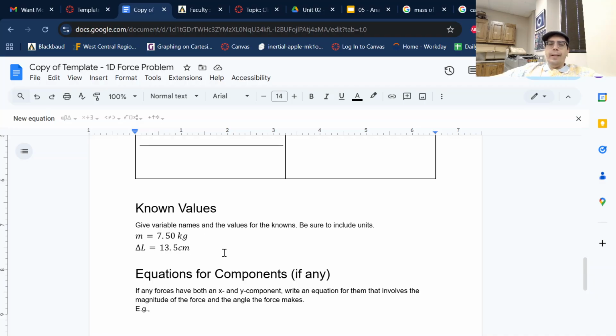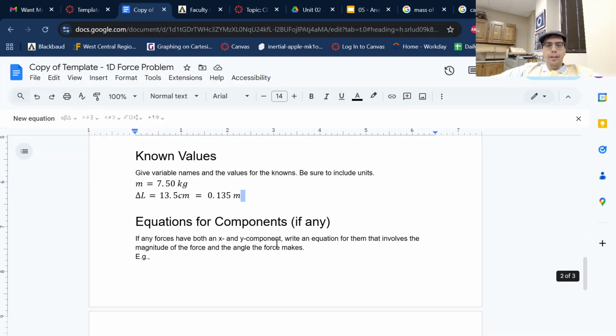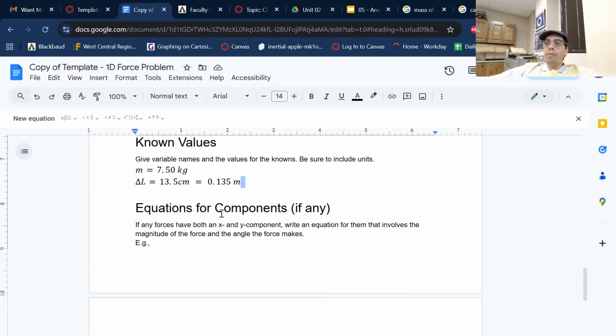I want them to be in SI units. Exactly. So the base units for mass are already kilograms, so we're done there. But centimeters we want to convert into meters, and so 0.135 meters. I think that's all the given. I'm sorry? It's 12.5. Oh, it was 12.5. Thanks.